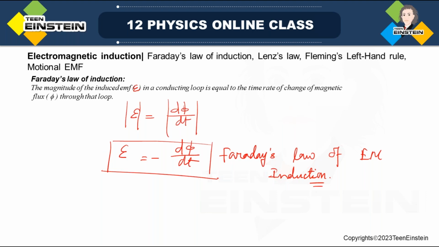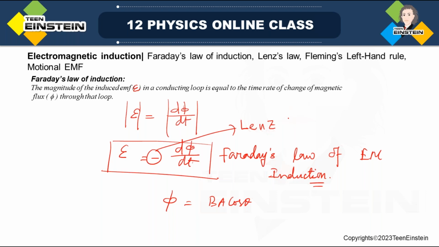Look here. This is the change in the flux, d phi, and this is the time taken for this change. Flux, we know, is BA cos theta, right? Before that, let me tell you this. The minus sign was not given by Michael Faraday. It was given by Lenz, the physicist H. F. Lenz.